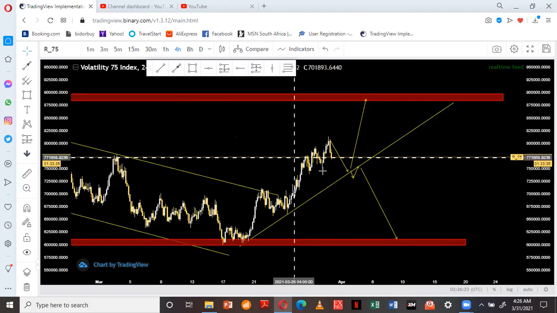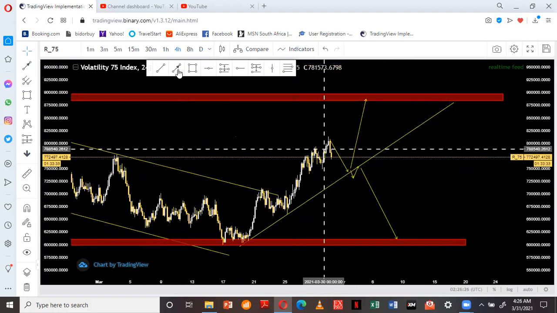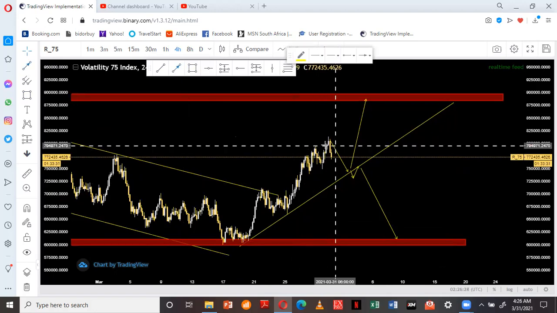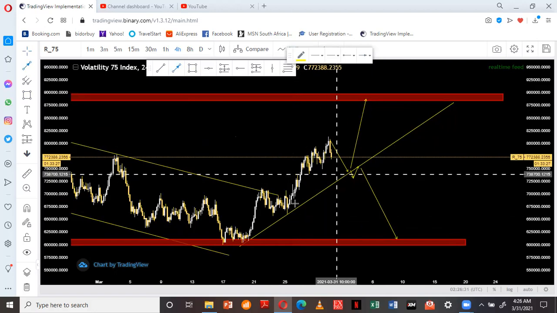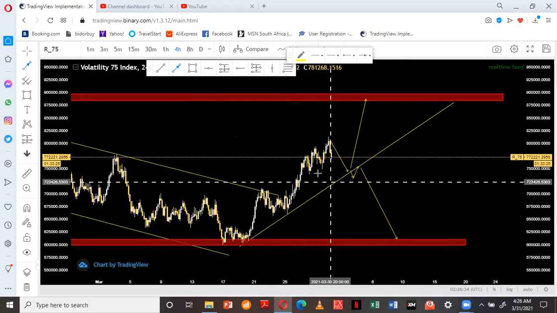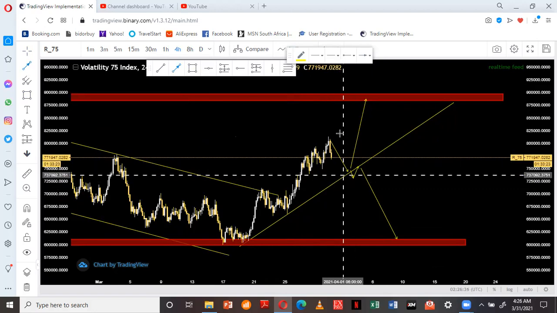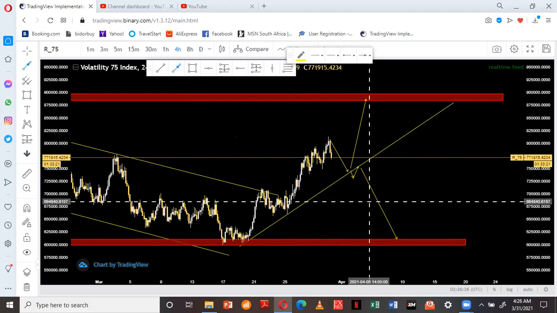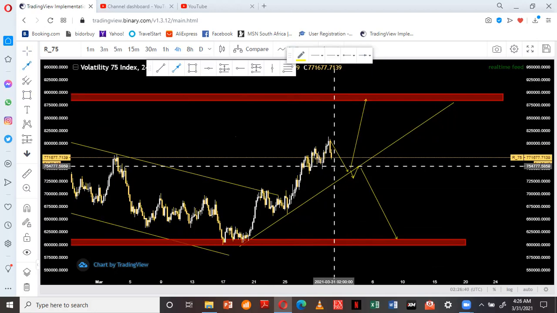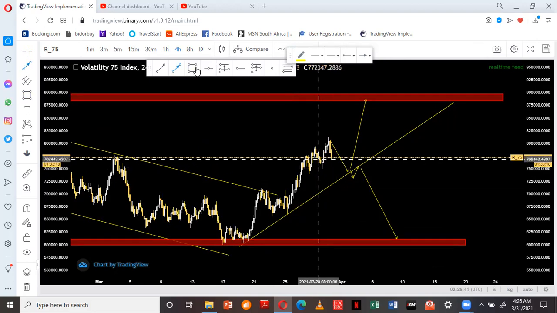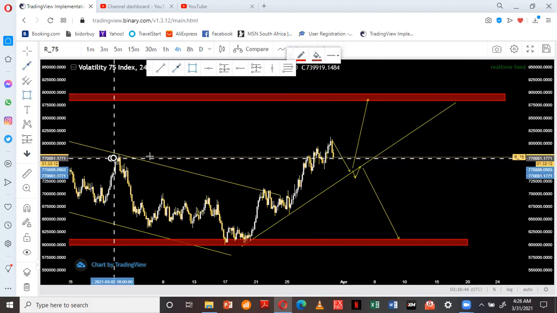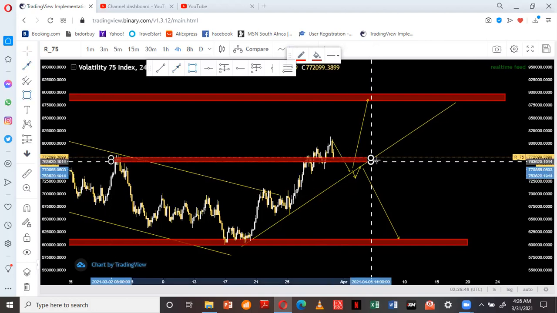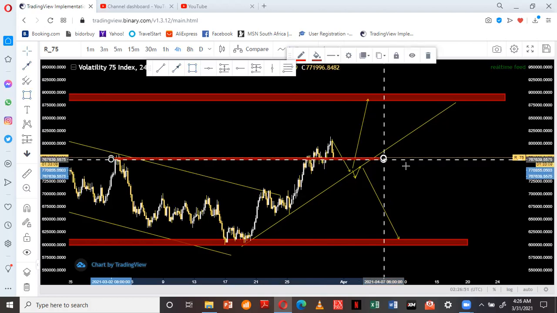So now we can see that we are currently struggling from this point. We are currently struggling to reach at least this trend line here, because there is a resistance level there.